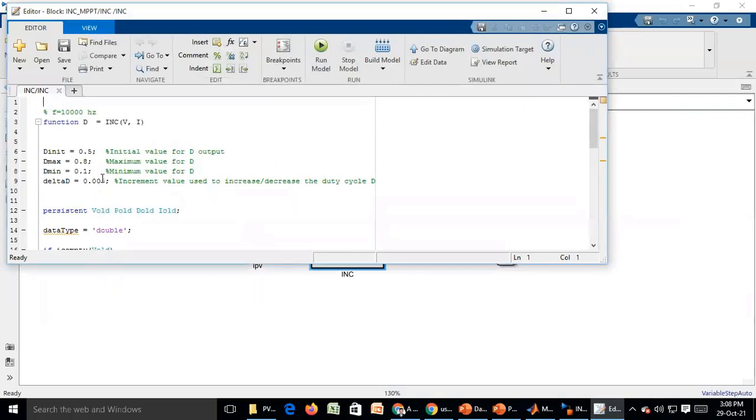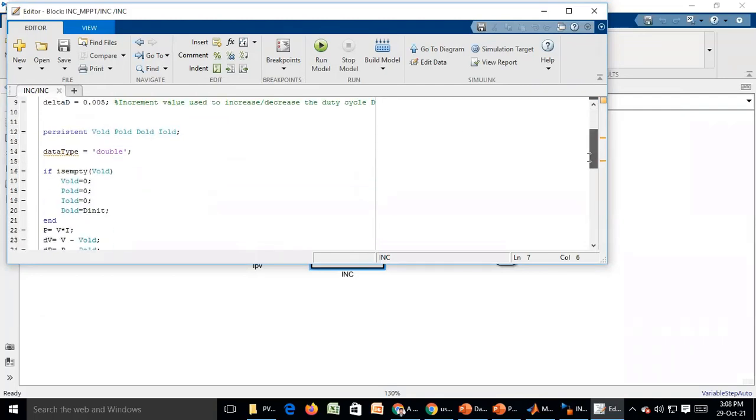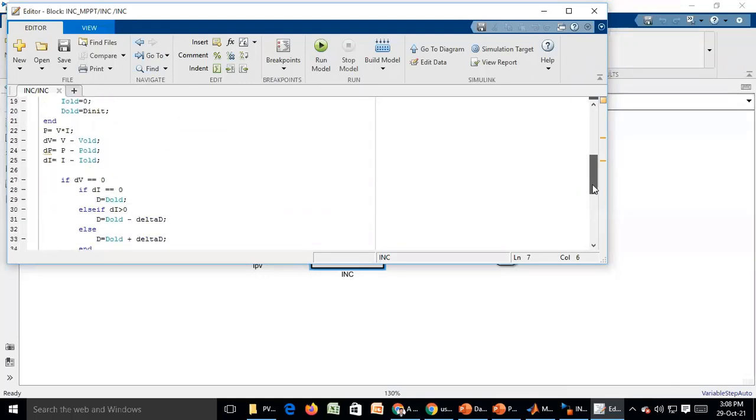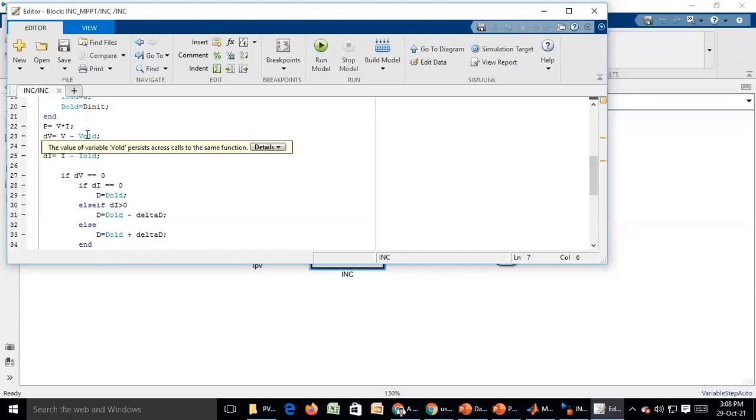Here, same 10 kHz. Instead of P&O, incremental conductance, INC VI. Here initialization is 0.5 we have taken, D maximum 0.8, D minimum 0.1, and delta change is also 0.005. Here we will consider dV is equal to V minus V old, present value minus previous value. dP is equal to present value minus P old.